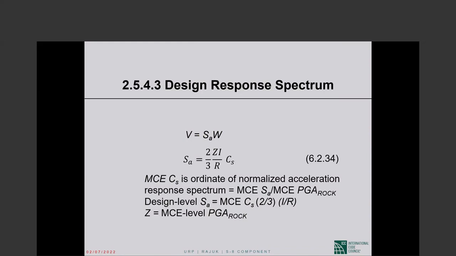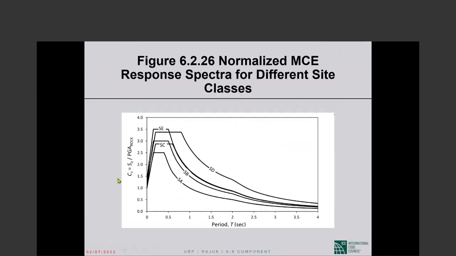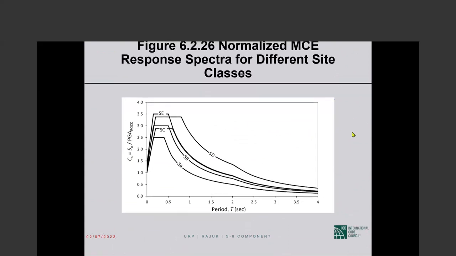So in BNBC 2020, V is equal to S sub A, the spectral acceleration, multiplied by W. The spectral acceleration is 2/3 Z I over R times C sub S. This is C sub S of BNBC 2020, which you know is S sub A divided by PGA on rock.